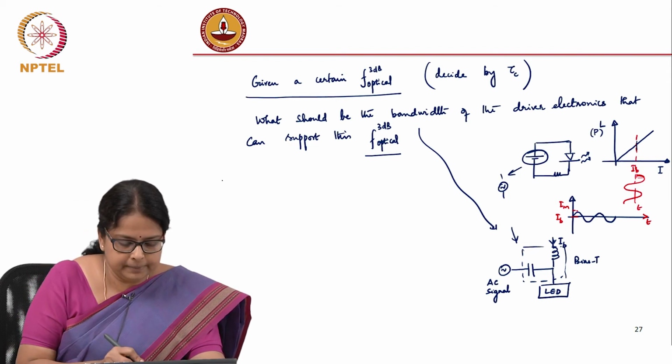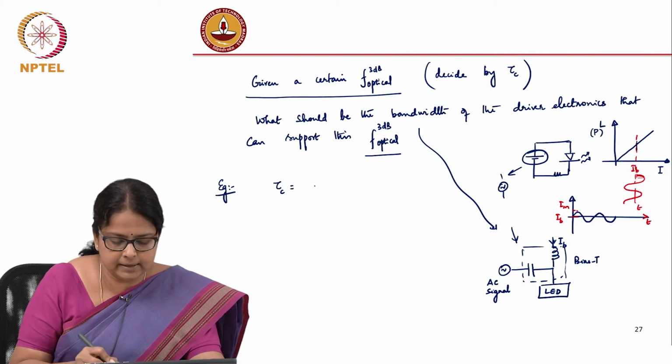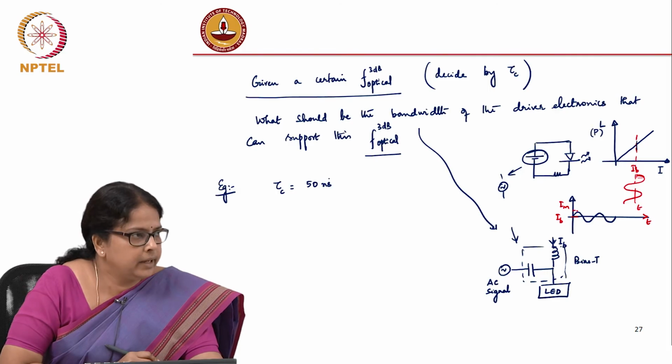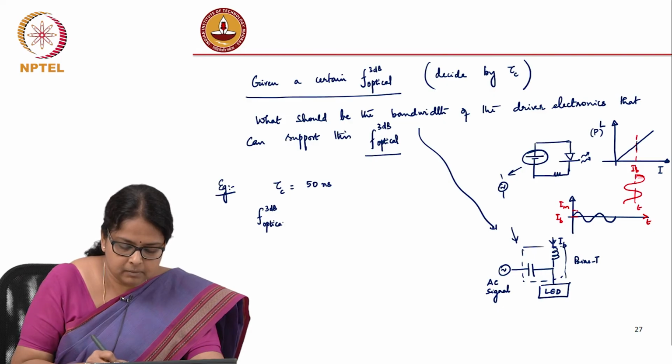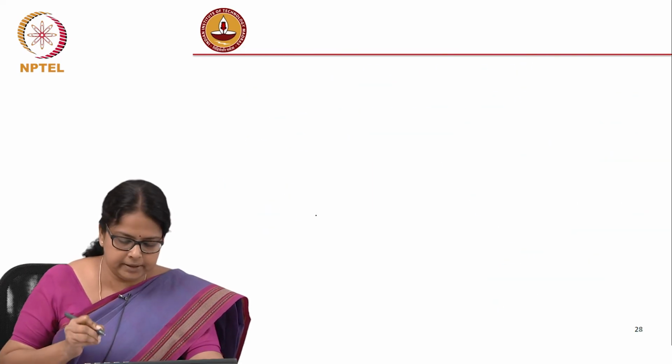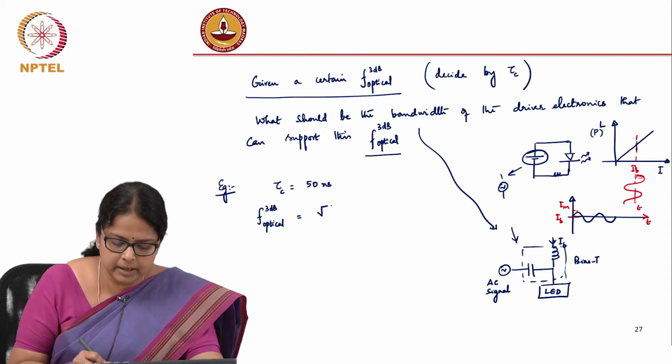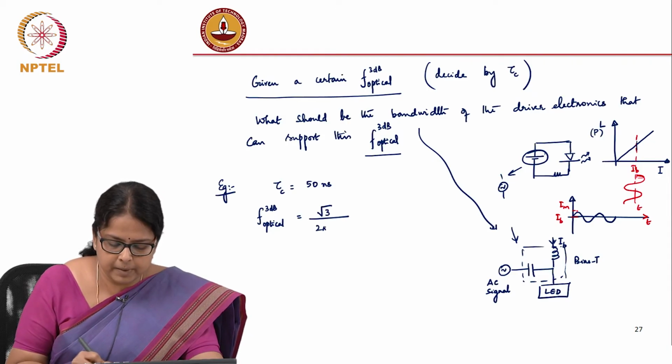Okay. Let us take an example. Let us say tau c is some 50 nanoseconds. Now, let us calculate what the 3 dB optical bandwidth is. From what we derived earlier, this f 3 dB optical has to be √3 divided by 2 pi tau c.